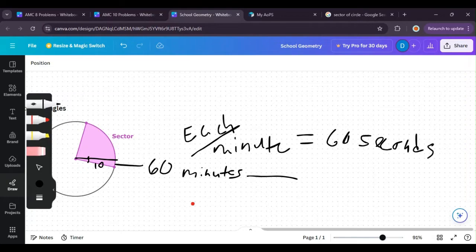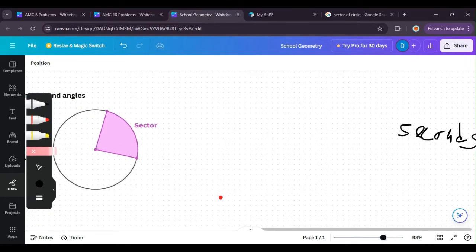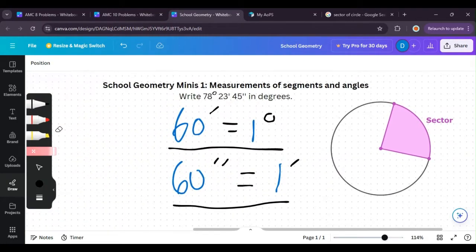And the reason why each degree is equal to 60 minutes is because in another math system back in the day, we counted in base 60. So each degree was equal to 60 minutes. So yeah, we're gonna solve the problem now.